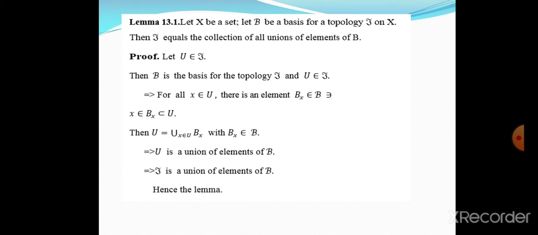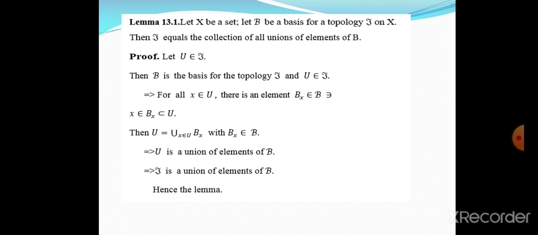Given X is a set and script B is a basis for the topology tau on X, you have to prove tau equals the collection of all unions of elements of B.